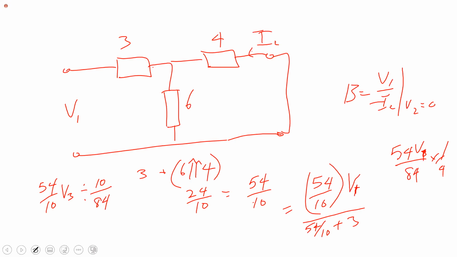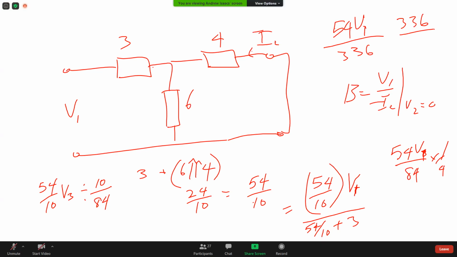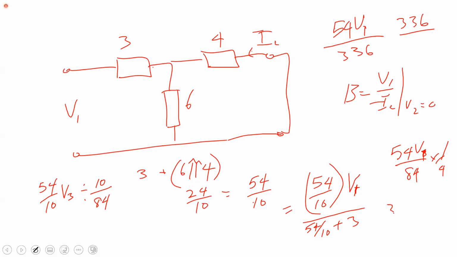So I have 54 V1 over 320. Right, so we're getting 4 is 32, that's 320 plus 16, 336. All right, obviously I have made an error with this one.